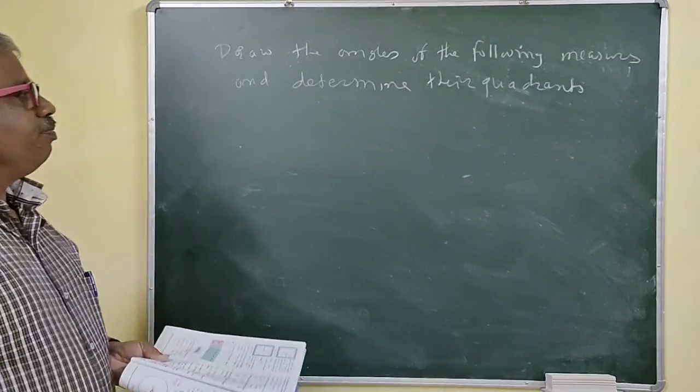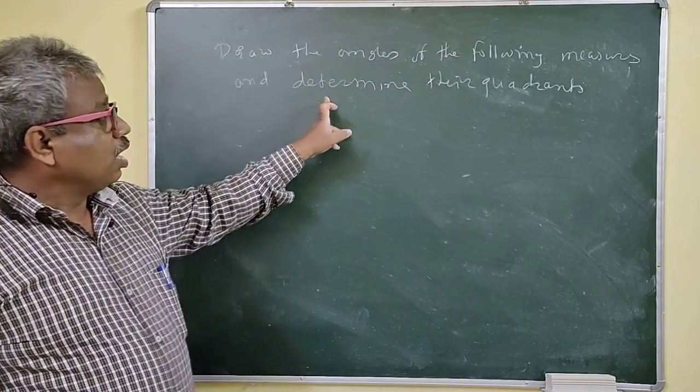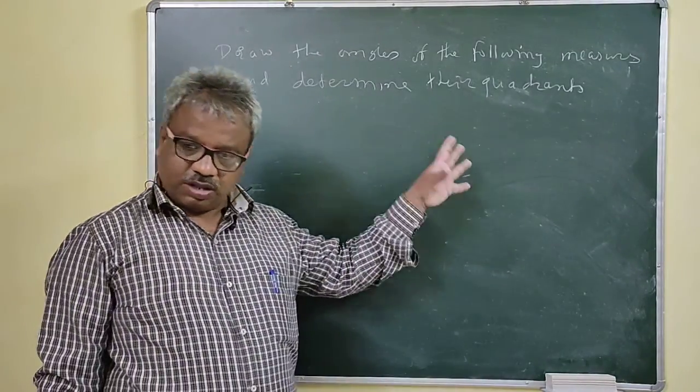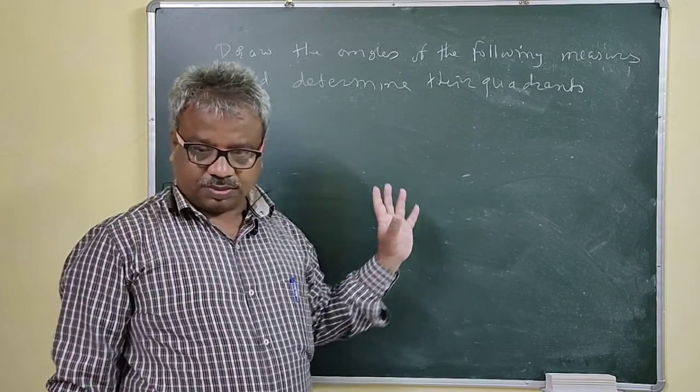So what we have to do? You have to draw the actual figure, and determine the quadrant of that angle. So we know that an angle is said to be in a particular quadrant if the terminal arm is in that quadrant, right?